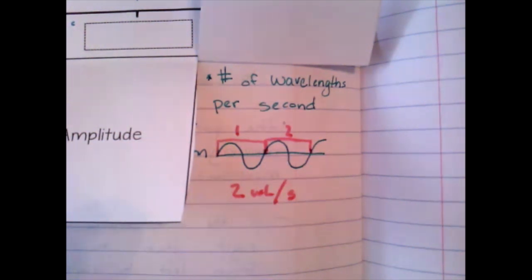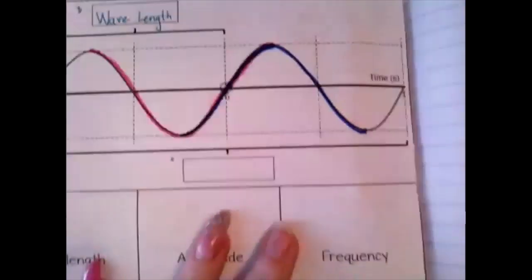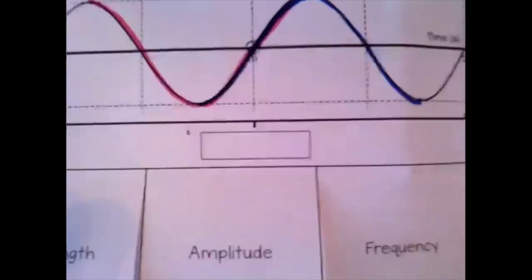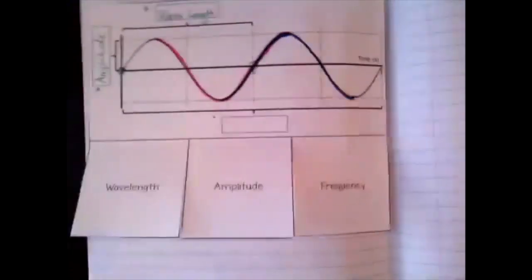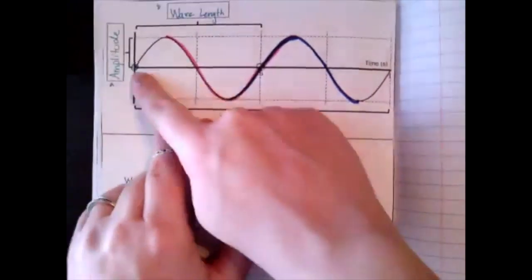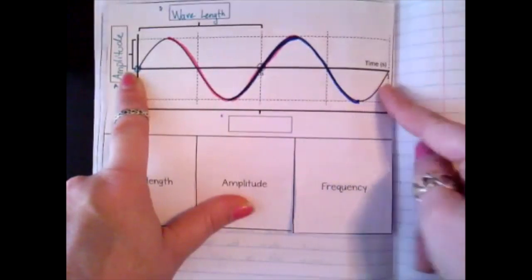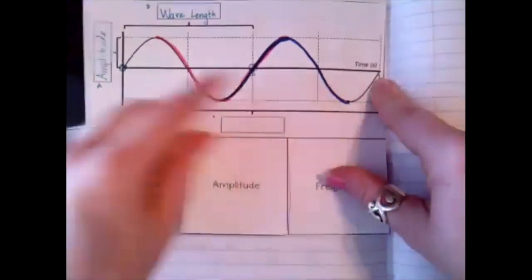So that C, when we look at the diagram, let me zoom out a little bit. We can see that if this is 0, right there is a 1. That's our 1 second time frame.